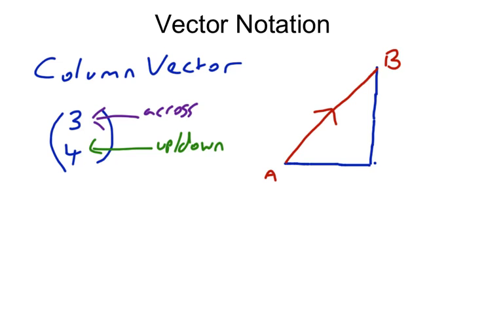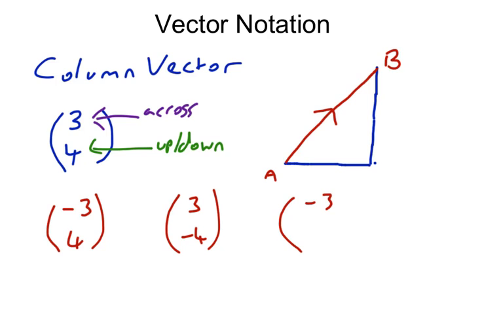The direction is important. Remember, if it had been -3, 4, we would have had to go 3 to the left and then 4 up. If it had been 3, -4, it would have been 3 to the right and 4 down. And if it had been -3, -4, then it would have been 3 to the left and 4 down.